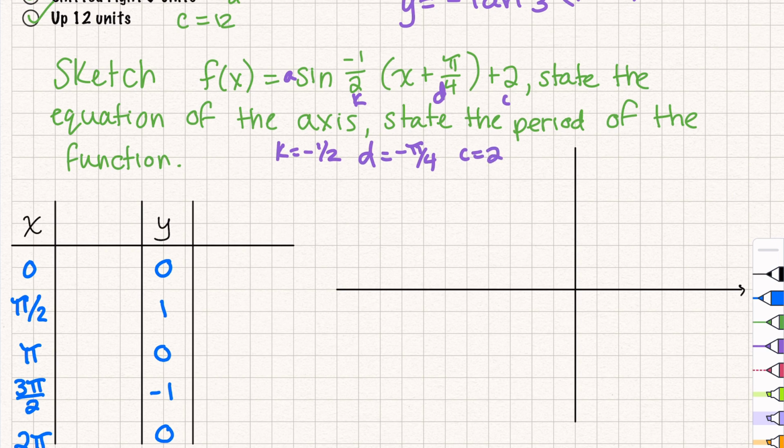So if we use x over k plus d and a times y plus c for our new points. We're dividing by negative 1 over 2, so because we're dividing by a fraction, we end up with negative 2x minus pi over 4. And for our y values, a times y, so 1 times y, and then plus c, so plus 2.